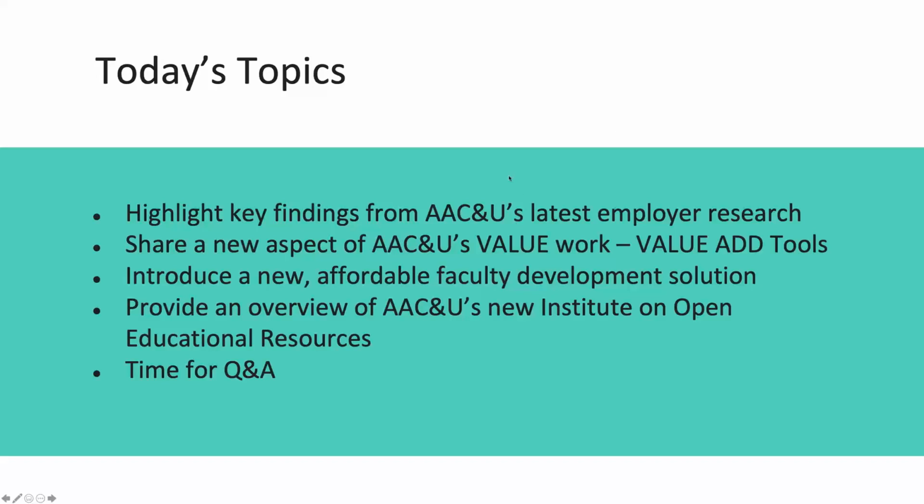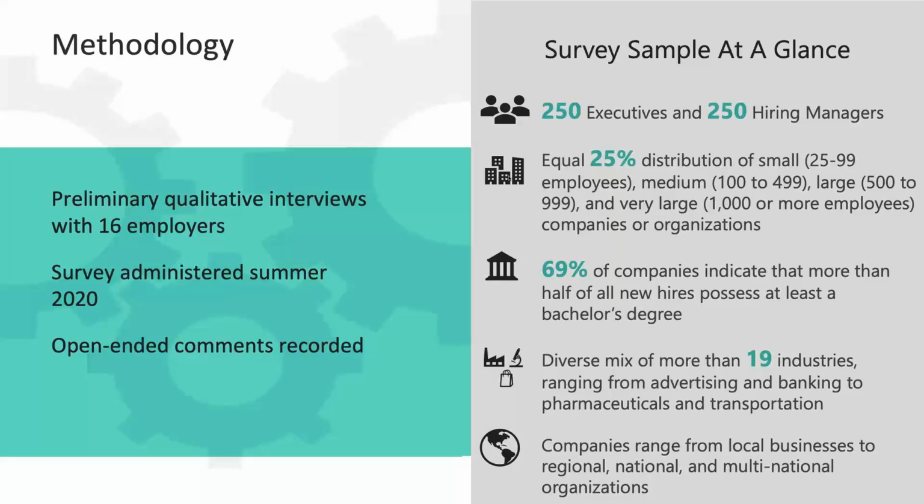So with that said, let's jump into AAC&U's latest employer research. We started doing this 2 years ago. That was the first time that we surveyed both executives and hiring managers. In the past, our earlier studies had focused just on executives' perceptions of new college graduates, those new candidates just graduating with a bachelor's or associate's degree, and what their perceptions of those students and their skills were.